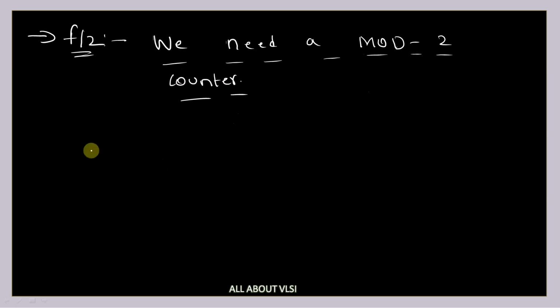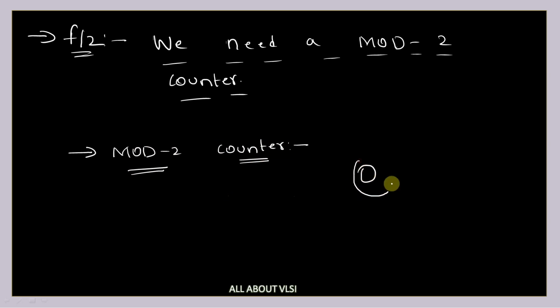For a mod 2 counter, how many flip-flops do we need? How many states is a mod 2 counter going to count? It is going to have 2 states.